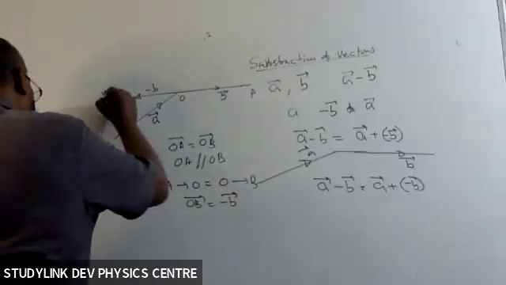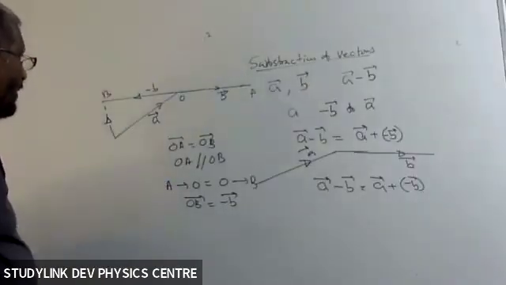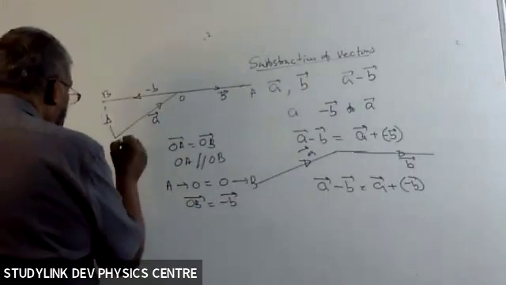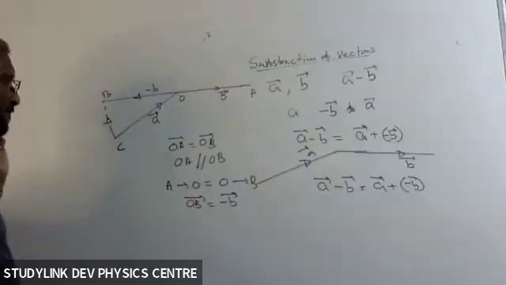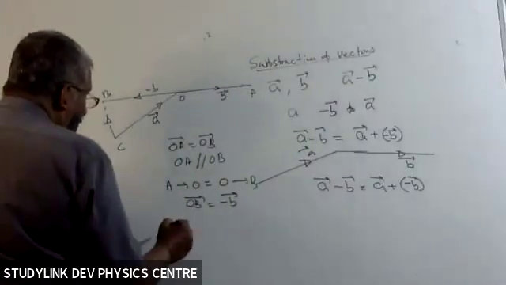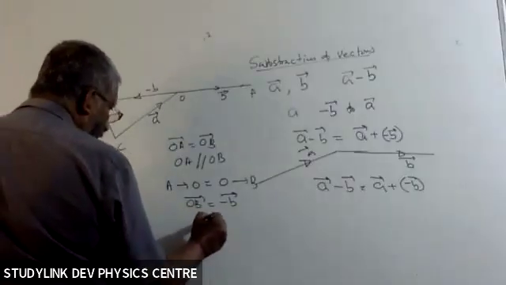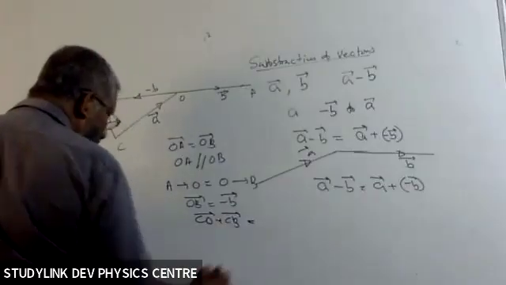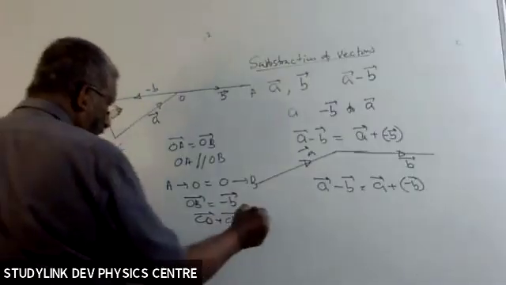Then we have to add these two. If you consider this as C, BC is the answer. Then we can say CO plus OB is equal to CB.